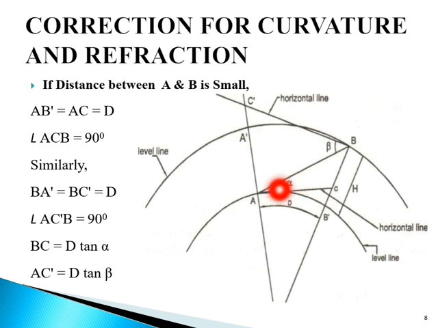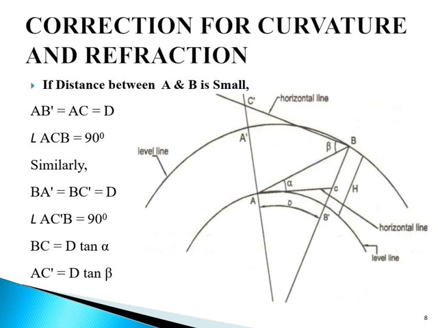Next, angle ACB is equal to 90 degrees. Similarly, BA dash is equal to BC dash, and it is equal to capital D, the same value here. So the next condition is BA dash is equal to BC dash is equal to D. Angle AC dash B is 90 degrees.